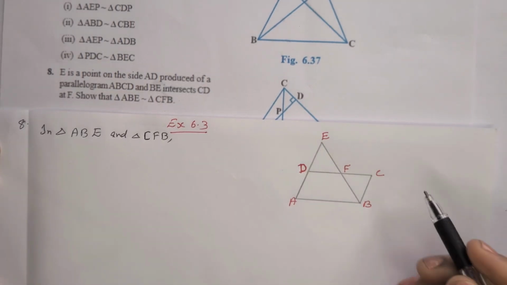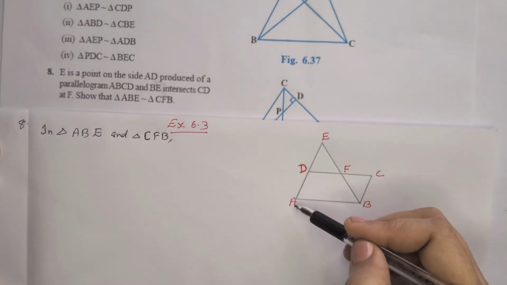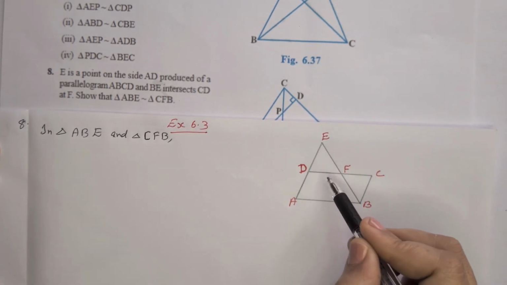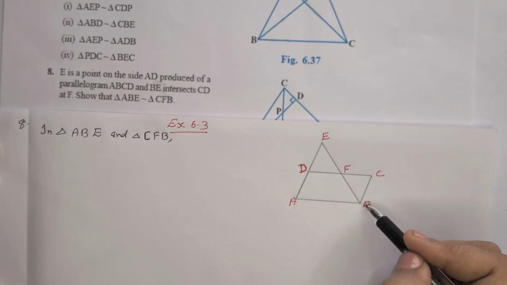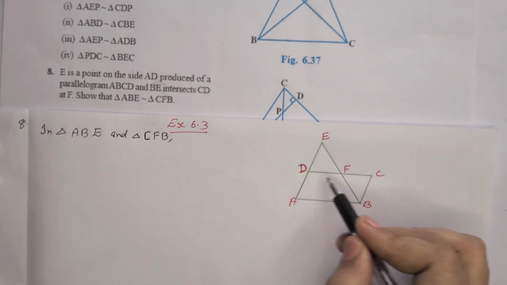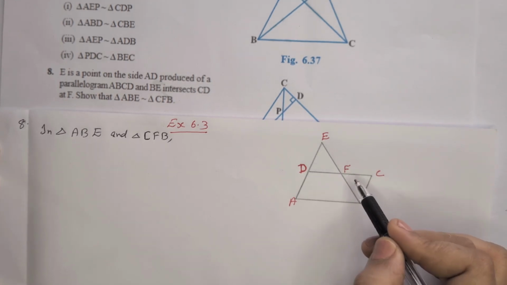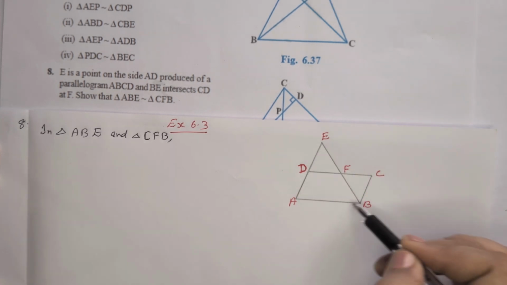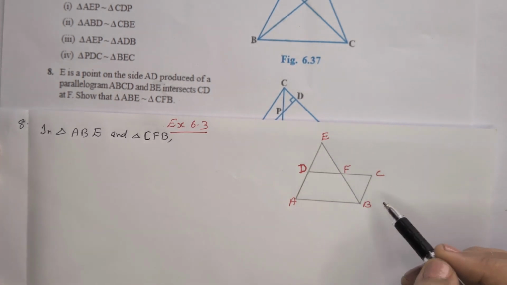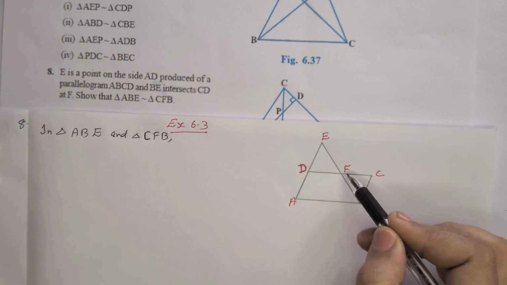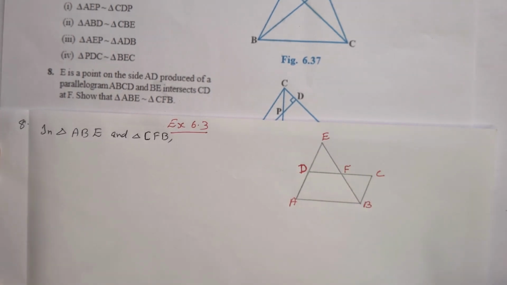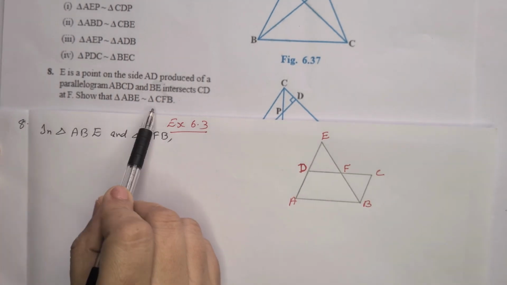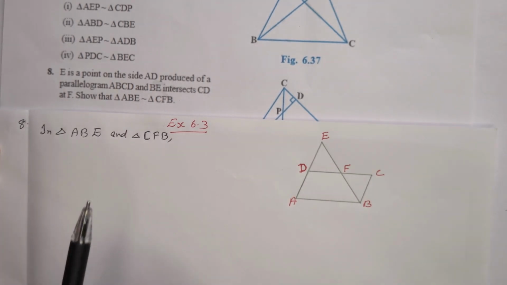Question number 8. E is a point on the side AD produced of a parallelogram ABCD, and BE intersects CD at F. Show that triangle ABE is similar to triangle CFB. These two triangles are similar. For that, consider the same way triangles ABE and CFB.